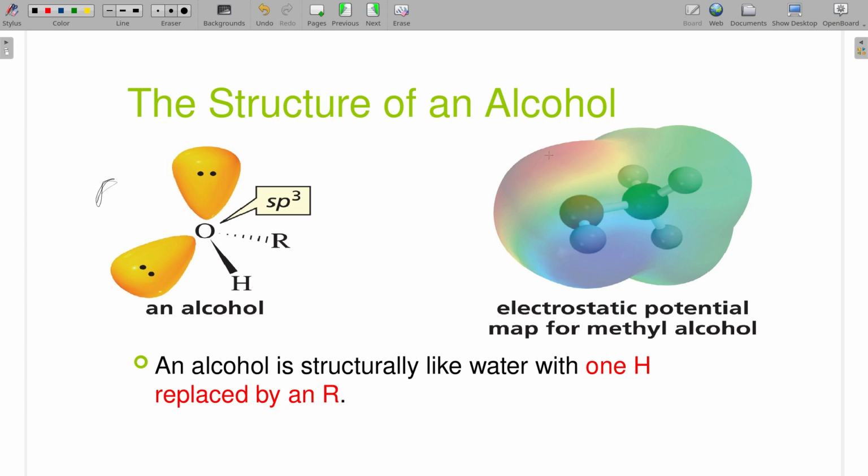Which is why we often do these electrostatic potential maps, because they kind of show that electron density, or where that reaction is likely to go. And this one even shows that slightly positive nature of that hydrogen, which, this being an alcohol, is going to have that pKa in the 15s, and that's why we're seeing that blue there. That H will come off a heck of a lot easier than any of those other H's in that particular structure. All right, but that electron density change, those lone pairs, are going to drastically affect the reactivity of alcohols compared to other functional groups.